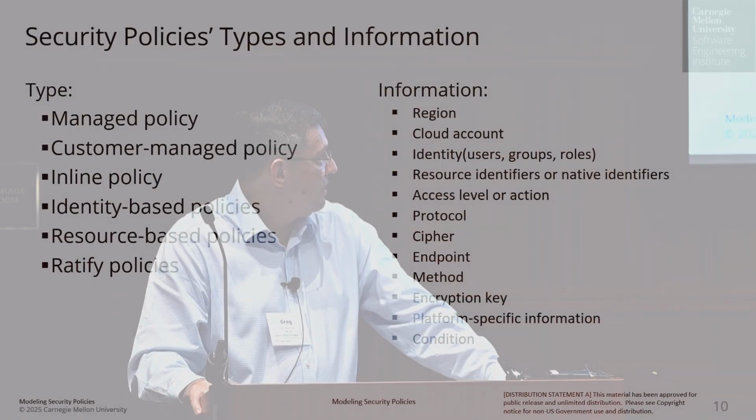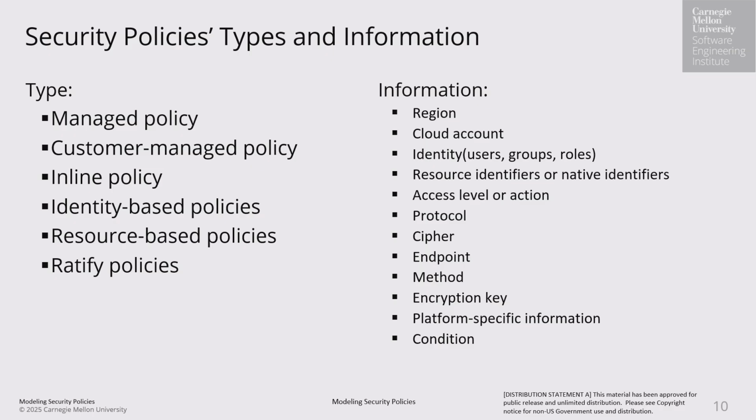Some security policies may carry encryption keys or platform-specific information or conditions under which specific actions should be allowed to be executed, right? So the conditions are very powerful tool as well in that area. And if you are into microsegmentation, tag-based constructs, in that particular case, the attributes are not on the list, but you could use environment ID embedded in the policies and attached to various assets or even accounts as tags, right?